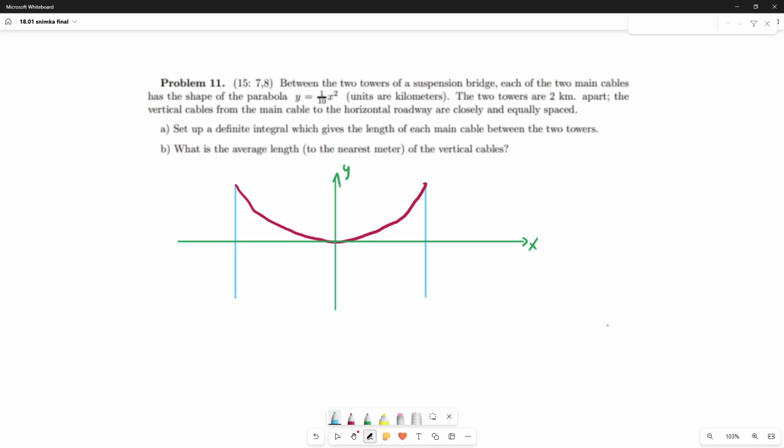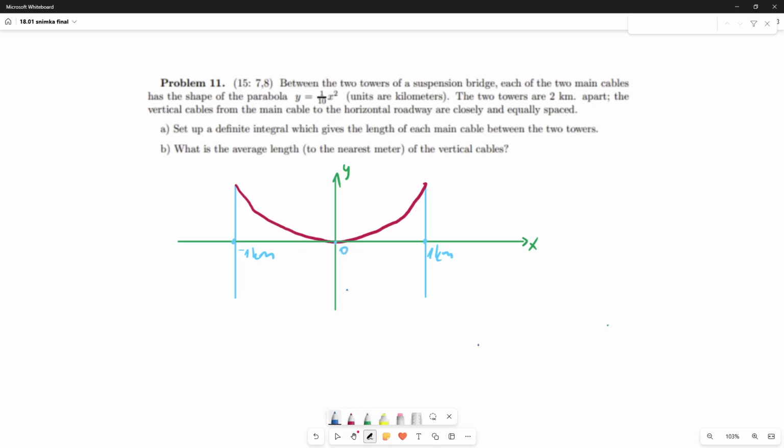Here we have x value of 1 kilometer, here we have x value of 0, and here we have x value of -1 kilometer. We need to calculate the length of each main cable. It is sufficient to calculate the length of one of those two main cables because both main cables are the same, so I only drew one of them.